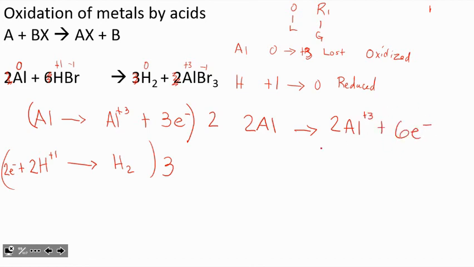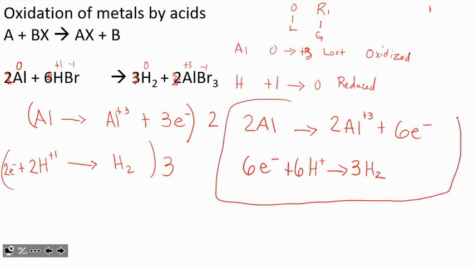Those 6 electrons then are going to be picked up down here by this hydrogen, okay, because 3 times 2 is 6. That's going to give us 6 hydrogen ions and give us 3 times 1 is 3 H2. And so everything then balances out. So if we wanted to write down our half reactions, this is what that would end up looking like, okay?